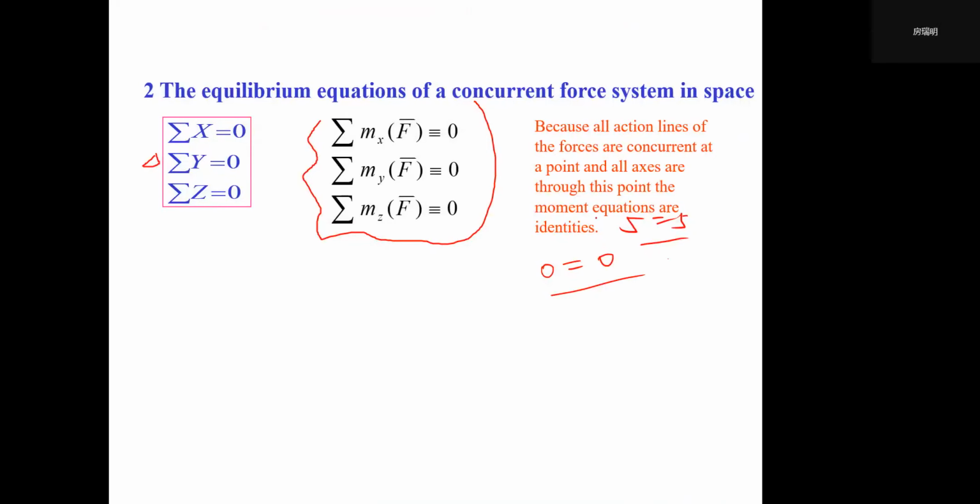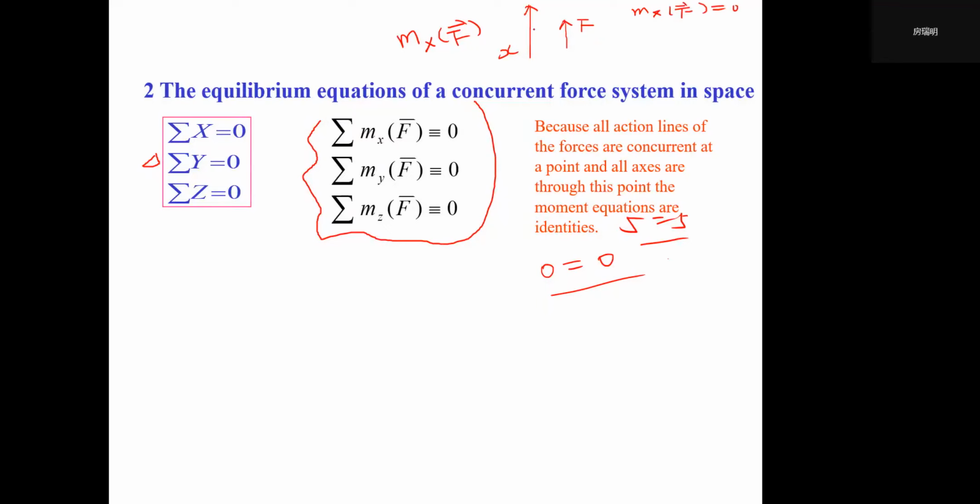Actually, do you guys still remember, when we talked about a force F and an axis, we have two categories. One is, maybe I can just draw an arbitrary axis, maybe X. If this force F's action line is parallel to this axis, then we will have Mx(F) equal to 0.